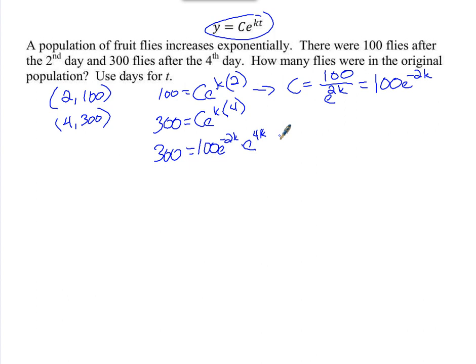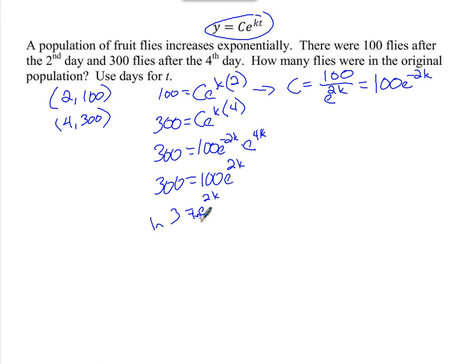Right, those are like bases, and when we have like bases being multiplied, we add the exponents. So we wind up with 300 equals 100 e to the 2k. And now we have just one variable, and it's easy to solve. So what do we do? Divide by 100, so now I have 3 equals e to the 2k. Natural log of both sides.